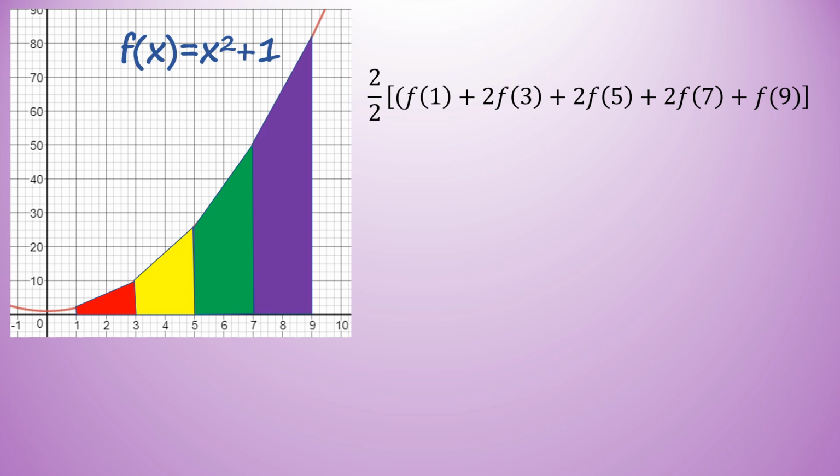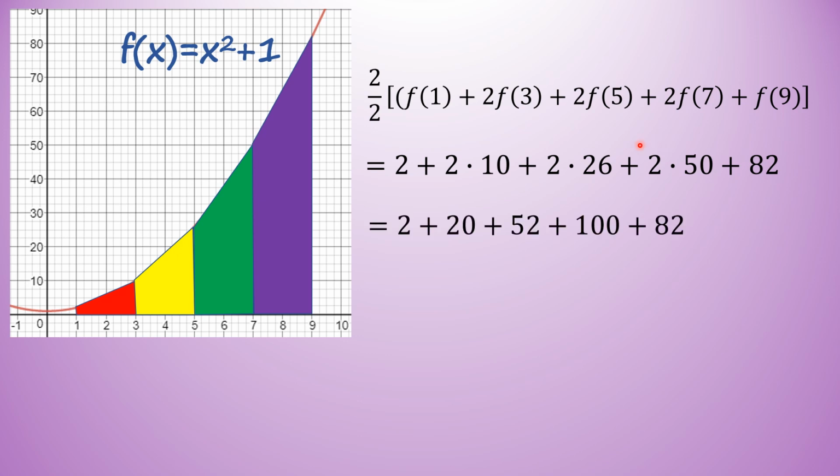So I'll go ahead and simplify this 2 over 2 to be 1, and then evaluate f of 1, which is 1 squared plus 1, which is 2, and then 2 times f of 3 is 10, f of 5 is 26, f of 7, 7 squared plus 1, is 50, and then f of 9, 9 squared plus 1, is 82.